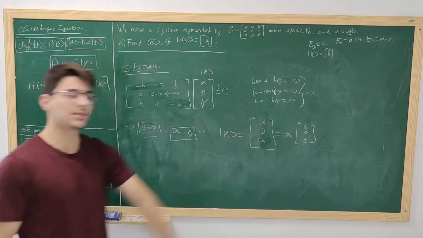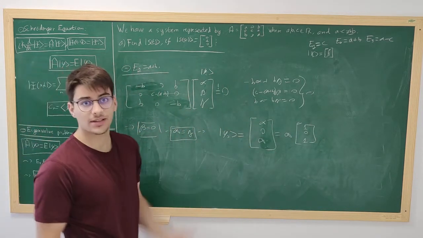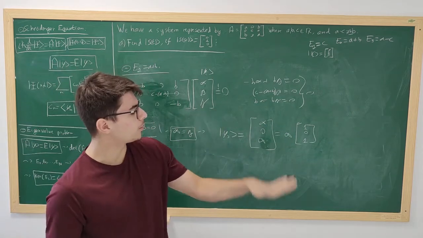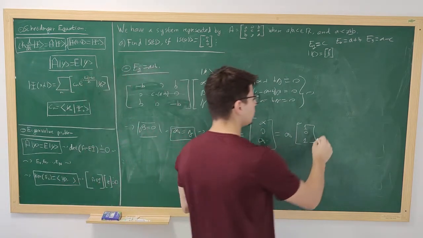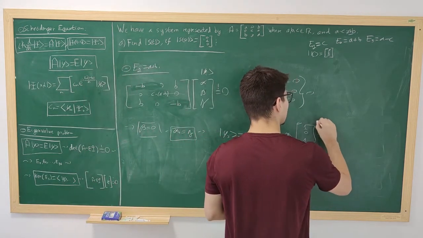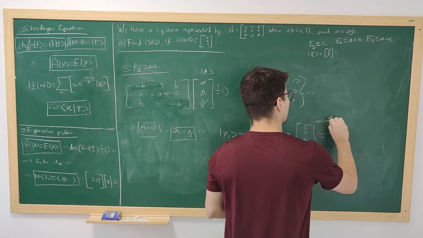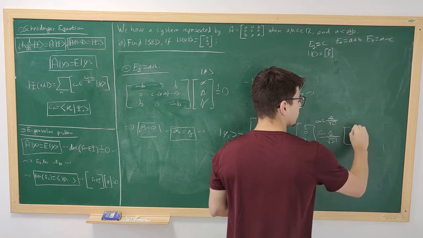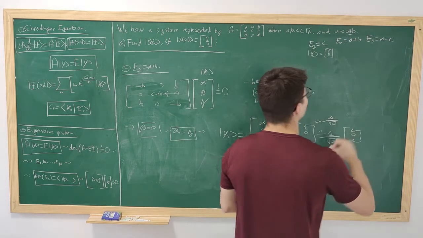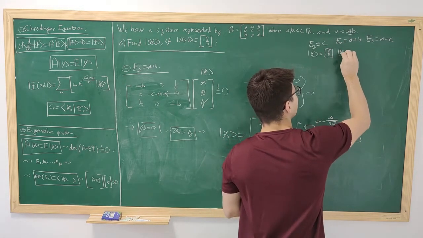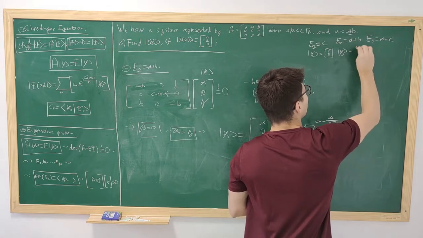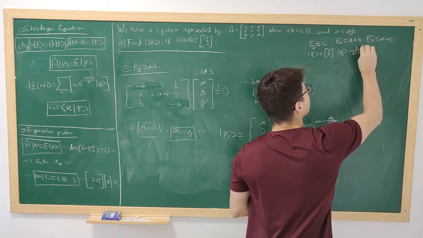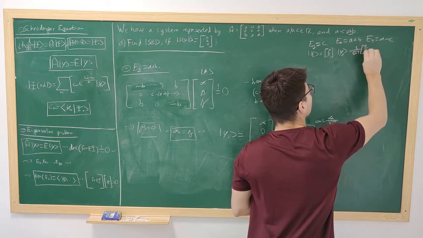Out of all these eigenvectors, because alpha is a parameter, we need the one with modulus 1. So we choose alpha to be 1 over the square root of 2, because that is the modulus of (1, 0, 1). So our second eigenvector is 1 over the square root of 2 times (1, 0, 1).